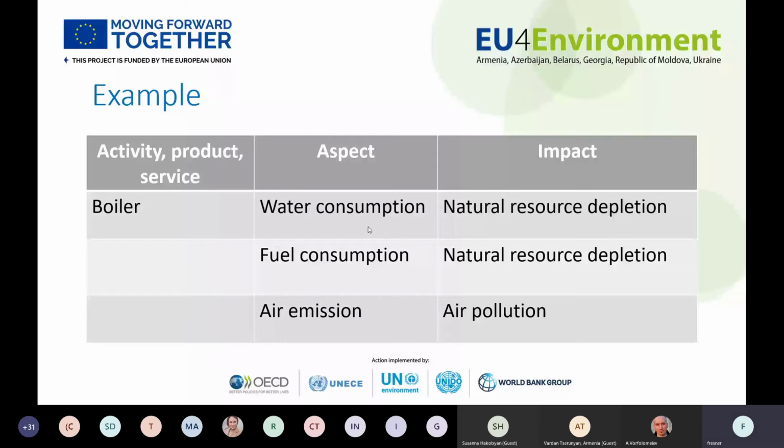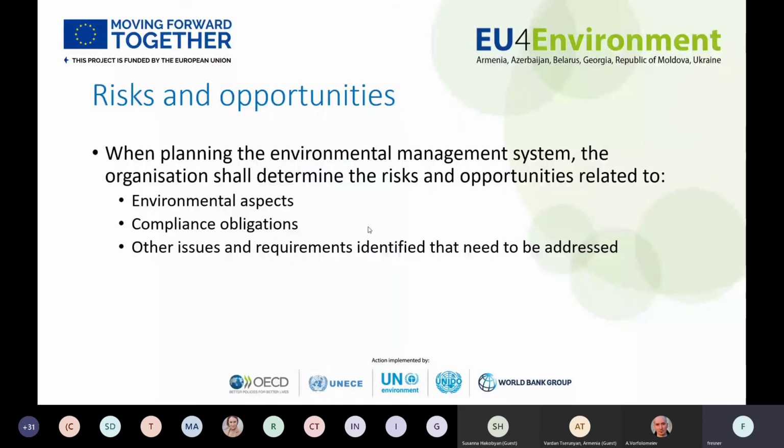We're talking about these environmental aspects. We are talking about obligations which we are facing from compliance. And we're talking about other requirements identified that need to be addressed.